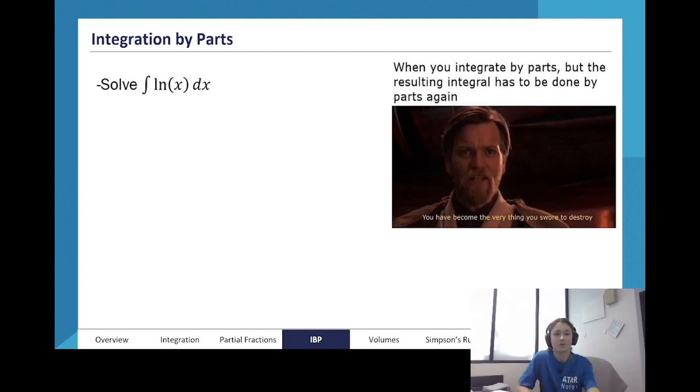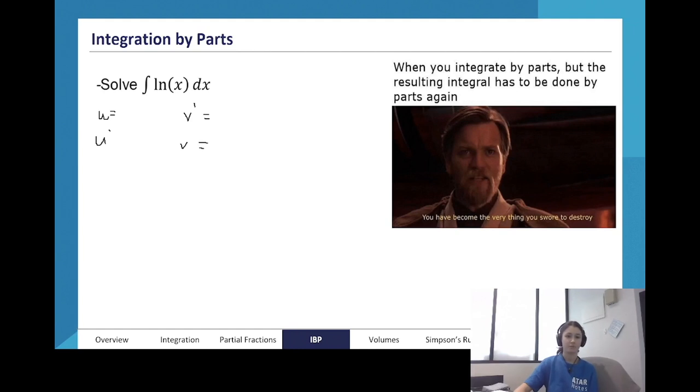So, for integrating ln x by parts, what you actually need to do, and if you don't want to know the answer yet, pause the recording, have a guess, but I'll tell you guys the answer now. What you actually need to do is let u and v dash equal certain things.